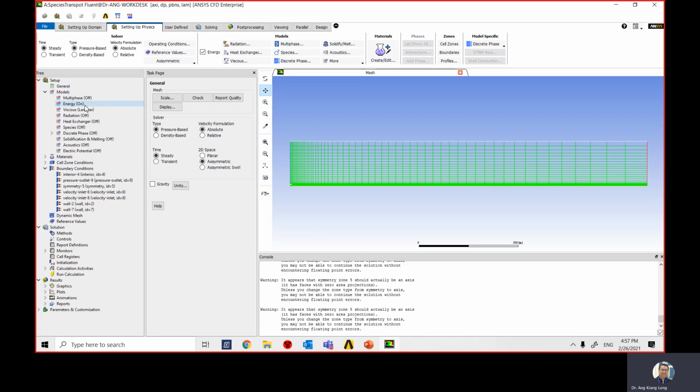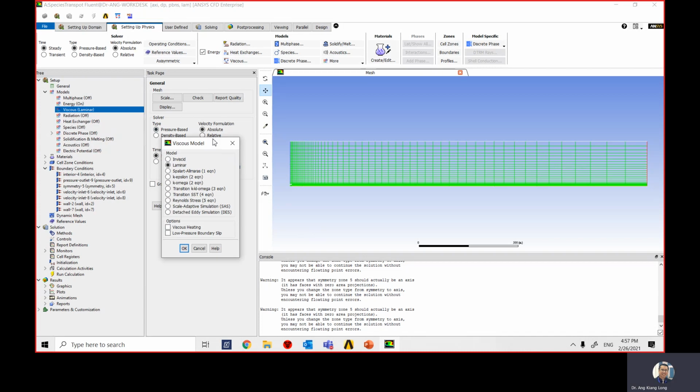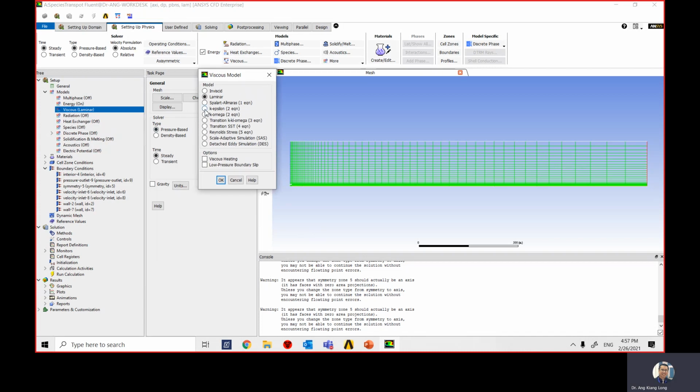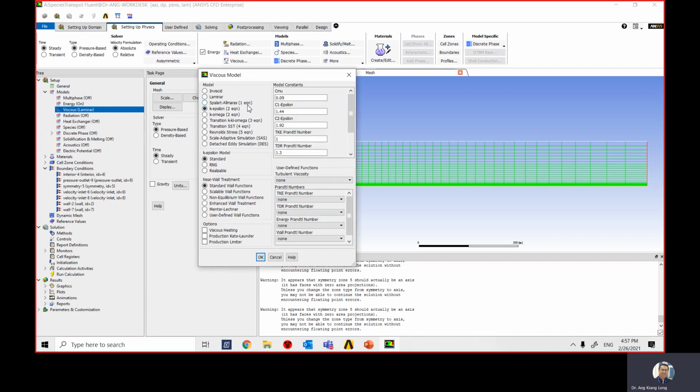After that, we're going to use the K epsilon turbulence model. So go here, viscous, right click, edit, and then we're going to use the standard K epsilon model.